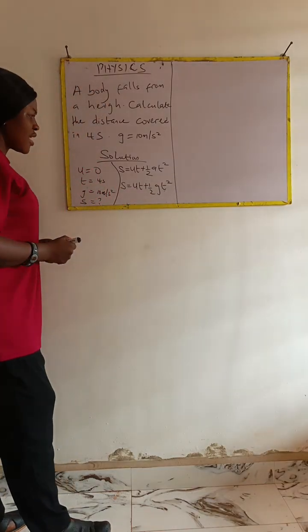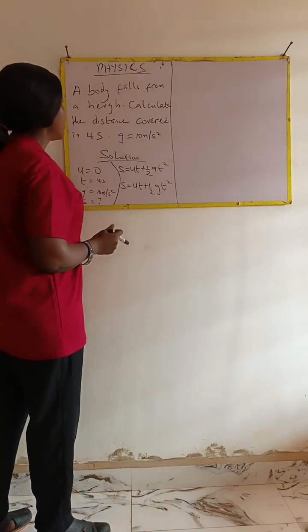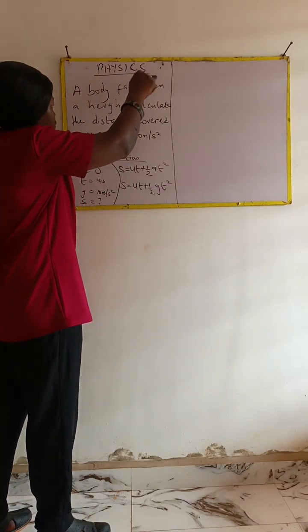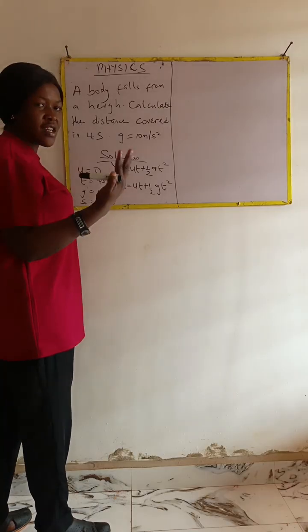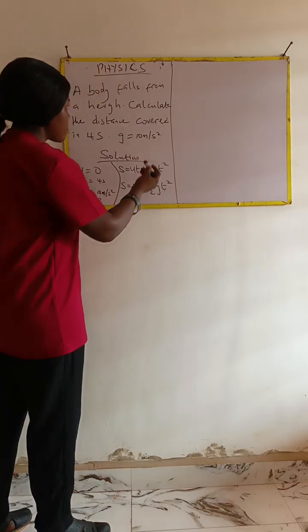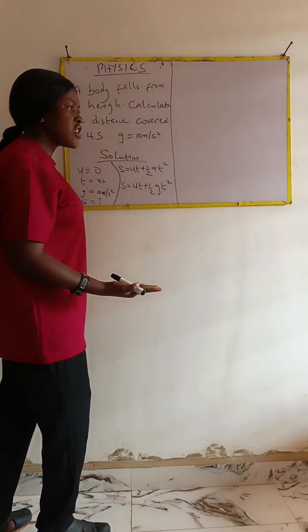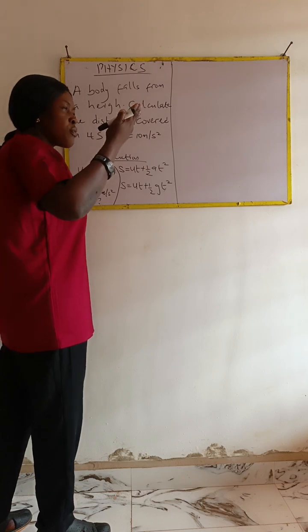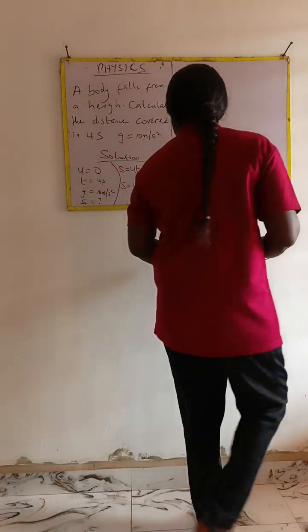Someone will ask, why am I using positive this time, not negative like the others we have solved? They said a body falls from a height. From a height, the body is falling down, so gravity is pulling it down, so that means it's positive. But if it's going from down to up, it will be negative. Alright, so let's go.